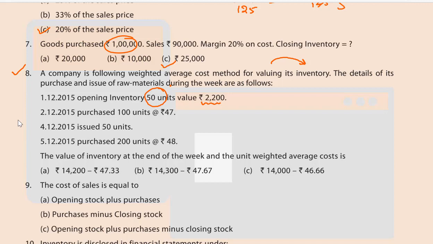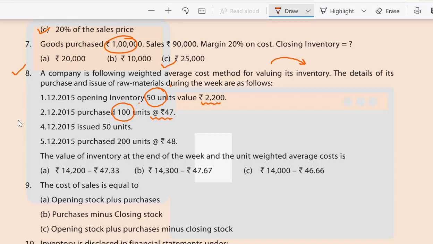On 2nd December 2015, purchase of 100 units at 47. 4th December 2015, purchase 200 units at 48. The value of inventory at the end of the week and unit weighted average is... These are the options available. We need to calculate this sum using weighted average method, and then we'll be able to understand the answer.